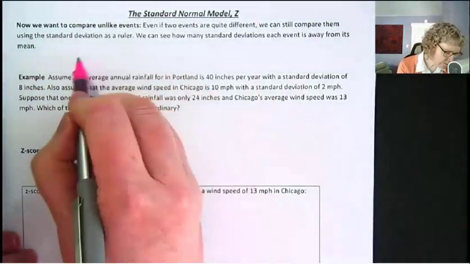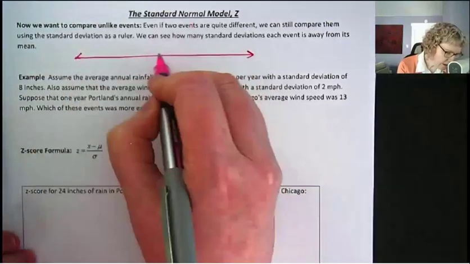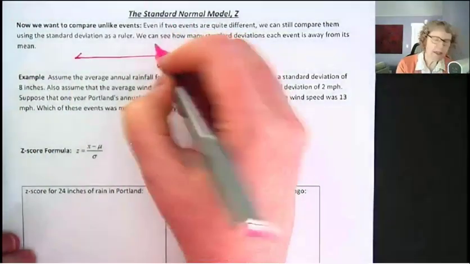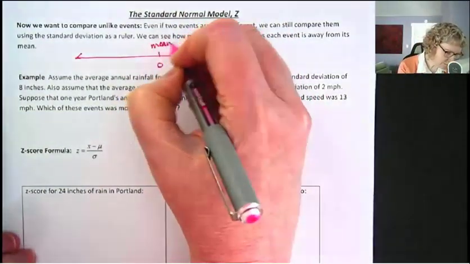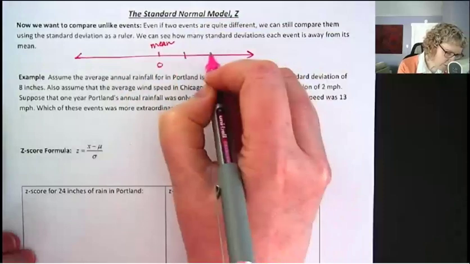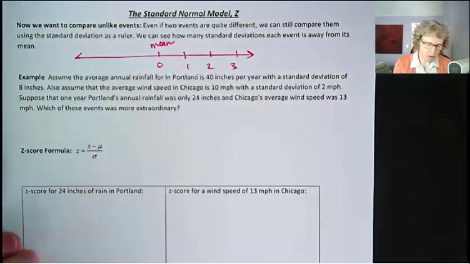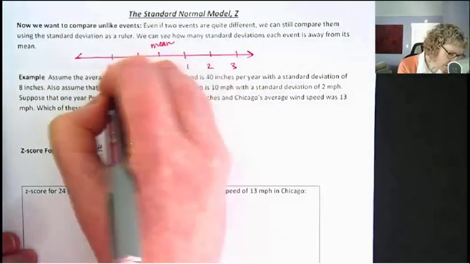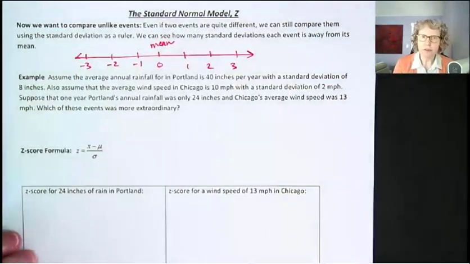Let me draw just a little number line here, and I'm going to put 0 in the middle. If something lands right on the mean, we're going to say that is right at 0. And then we're going to label 1, 2, 3 for 3 standard deviations to the right, and -1, -2, -3 for 3 standard deviations to the left.